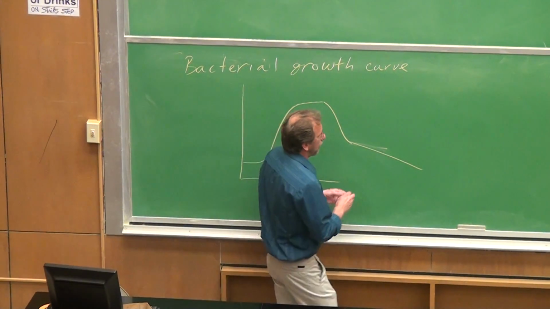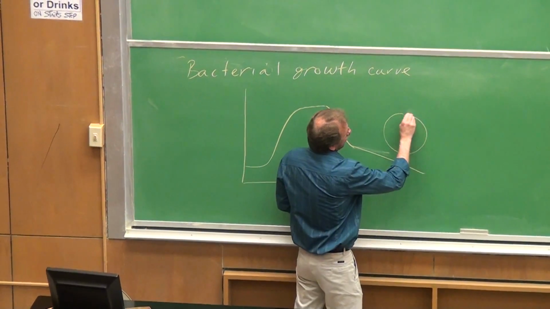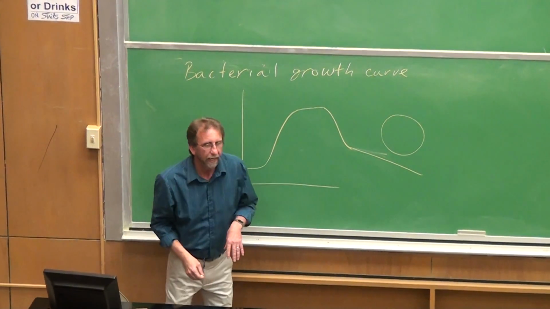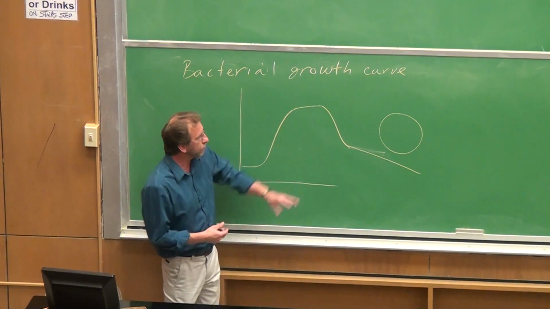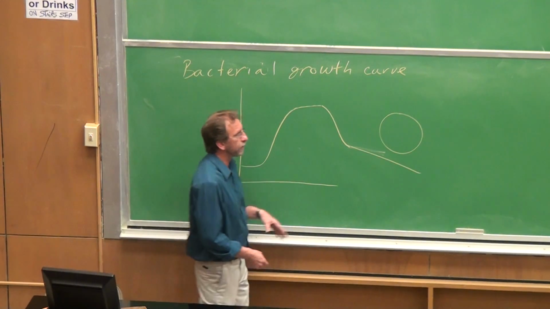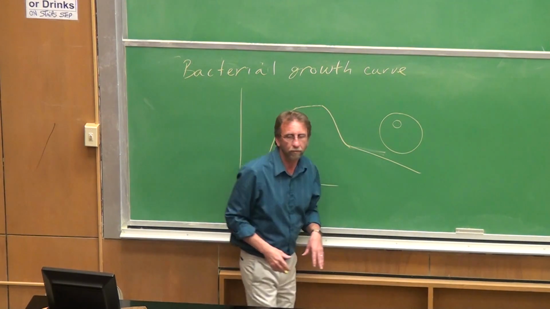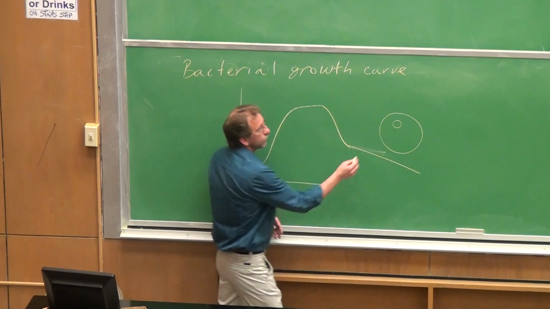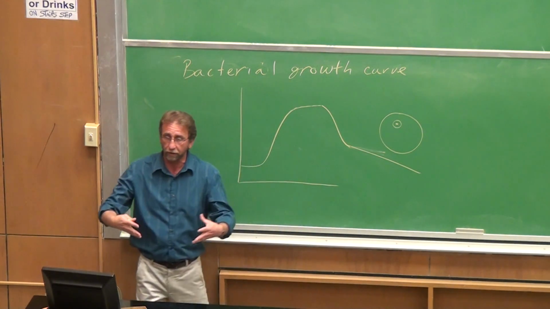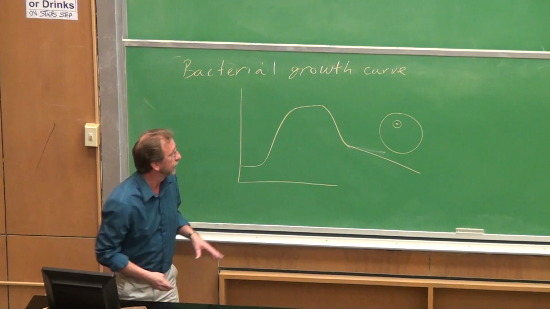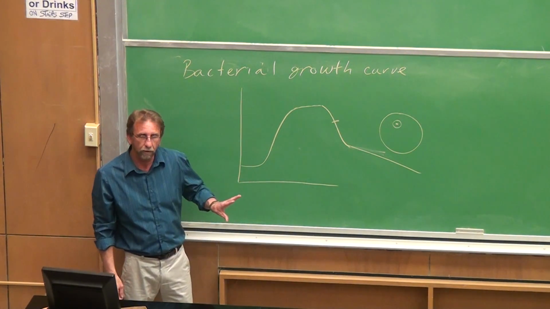One other thing I would want to point out about this growth curve, it's going to be, for each of the microbes, where they are in the growth curve is going to be dependent on where they are in the colony, if you think about it. So if we had a colony here growing, you can imagine that those microbes that might be in the center of this colony, probably the first microbes to establish the colony, are probably way over here, maybe even in the death phase of our growth curve.